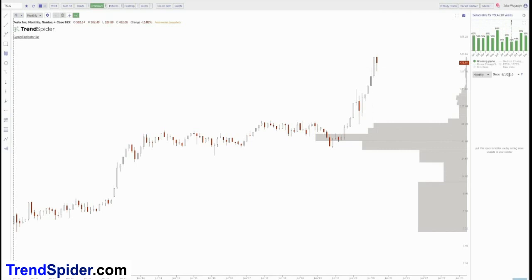So that's the monthly. Let's say that you're day trading Tesla and you want to know how each day of the week is performing. In this case, we're looking at 2010. Well, maybe we want to look at since the start of 2020, how has each day performed? You'll see here, 68% of Mondays close green, at least for the year of 2020.